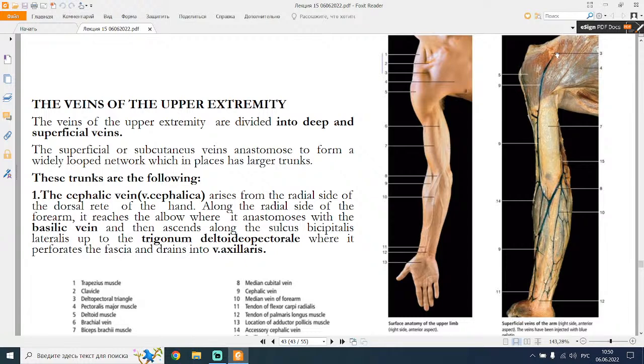This is the cephalic vein, vena cephalica, and vena basilica.